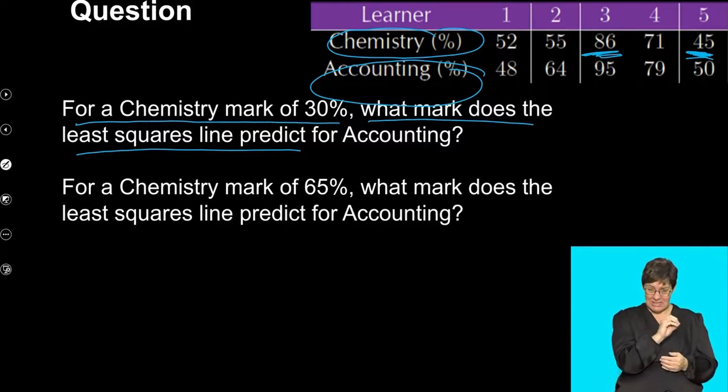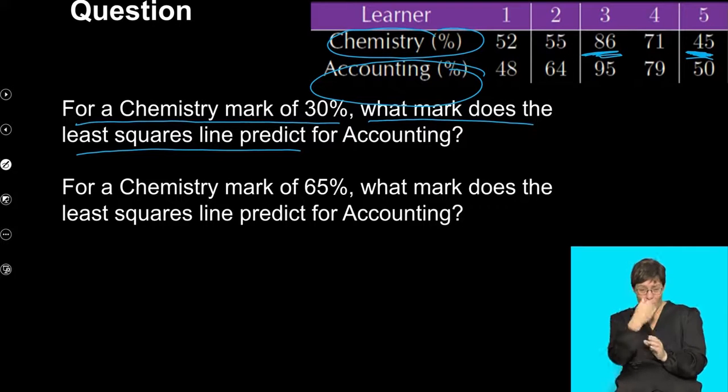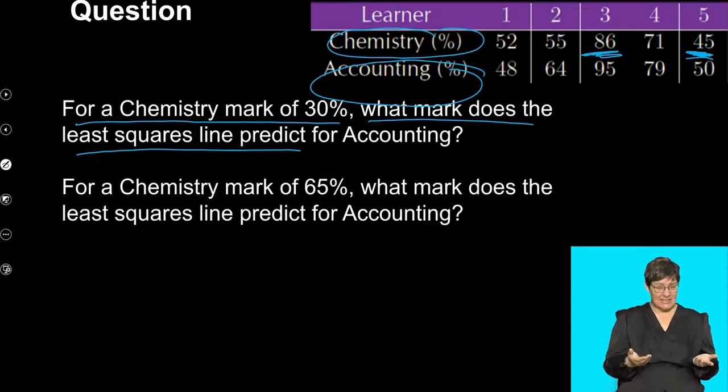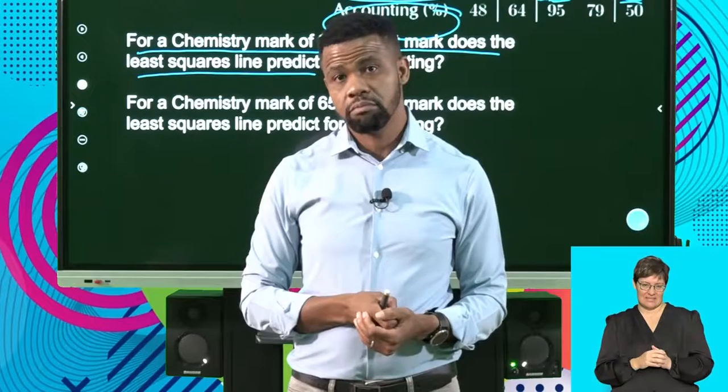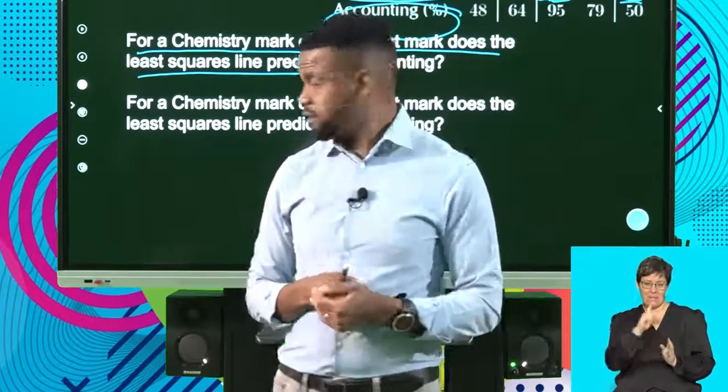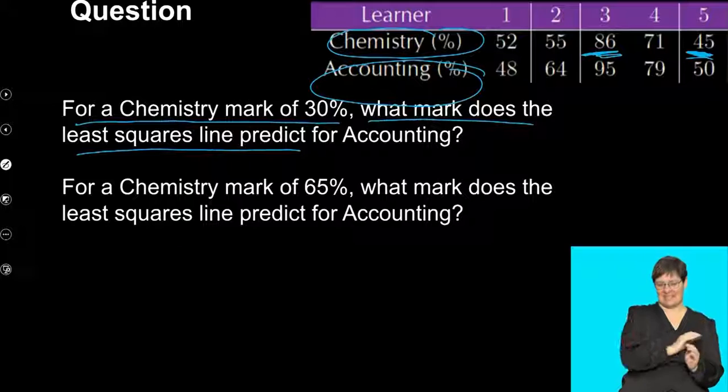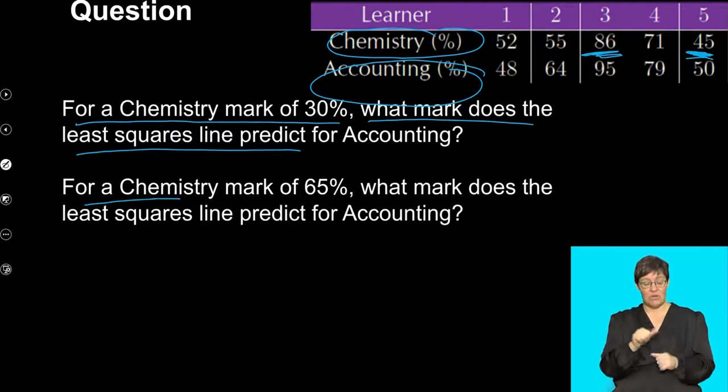Is 30% interpolating or extrapolating? Is 30 within the range? I don't think so, because the minimum is 45 and the maximum is 86. I'll be extrapolating, I think. Now, for a chemistry mark of 65, what mark does the least square line predict for accounting?